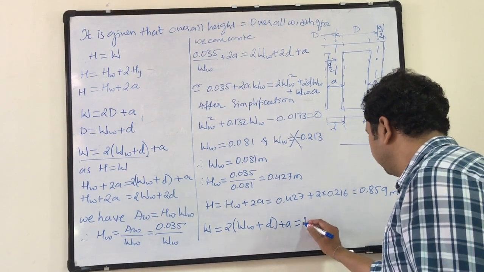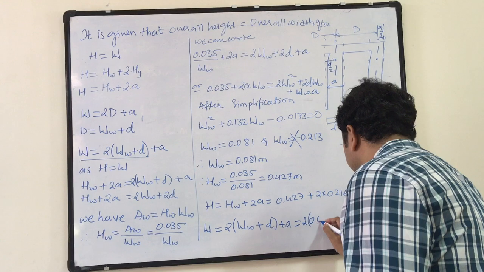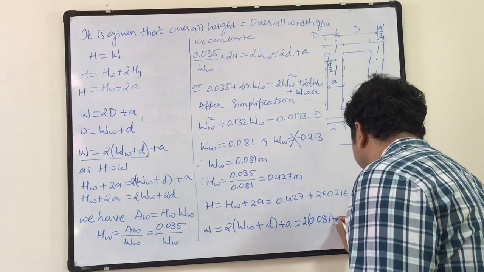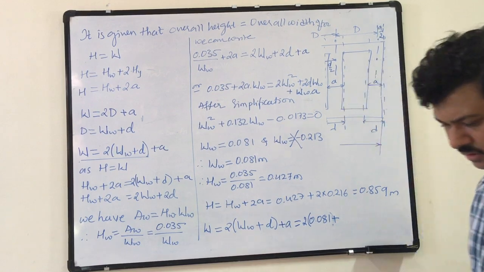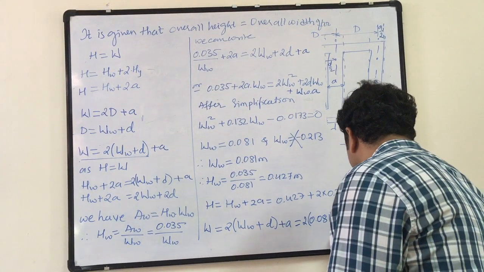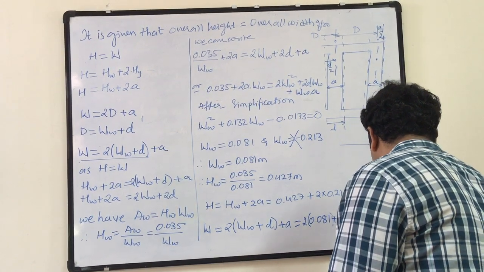Now this will be 2 into width of window, which has come out to be 0.081, plus D. The value of D is 0.24, plus 0.216.